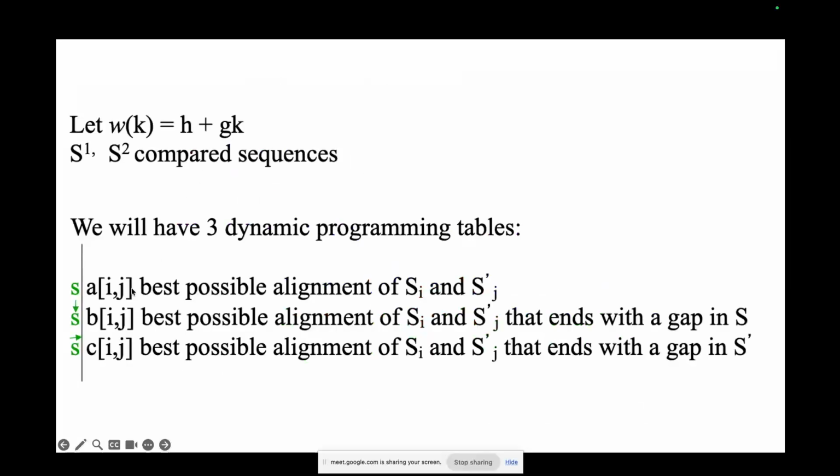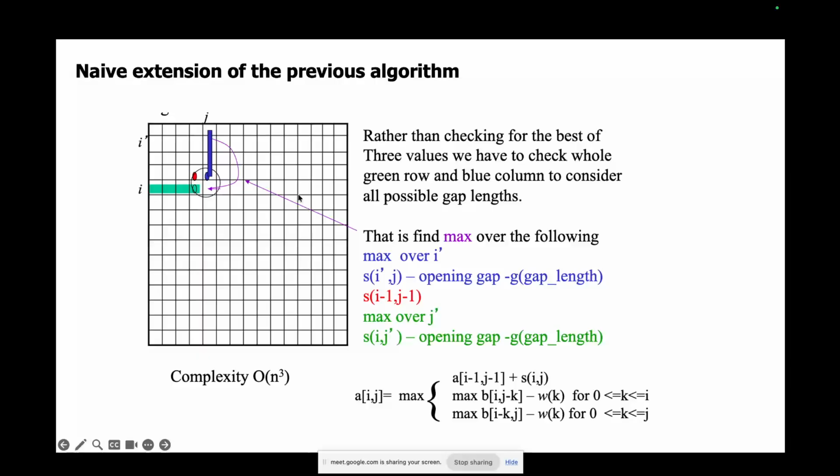In the first case, if there is a match or a mismatch, depending on that, that is the best possible alignment. The other is the best possible alignment with one of the sequences ending in a gap, and another one is the best possible alignment with the other sequence ending in a gap. So all three combinations we need to try.